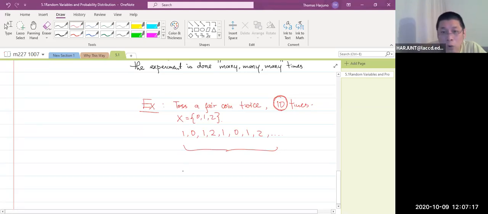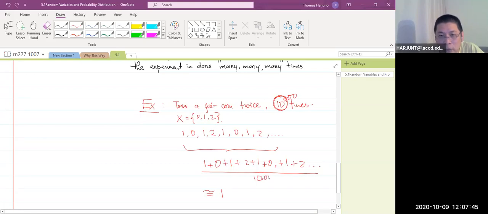If you add all those numbers, in this case 1 plus 0 plus 1 plus 2 plus 1 plus 0 plus 1 plus 2, and so on, divided by, in this case, only 10 times, you expect this number to be not too far from 1. I will tell you later on why we expect that to be 1. Now, if you make it a lot larger, 10,000 times, and you take the average of that, you will see the average is actually even closer to 1.